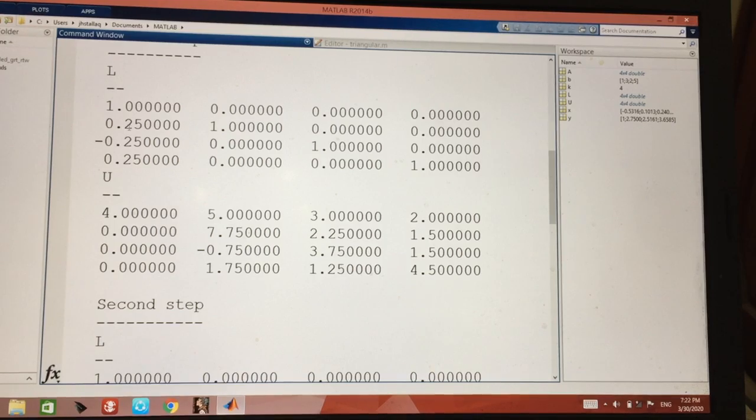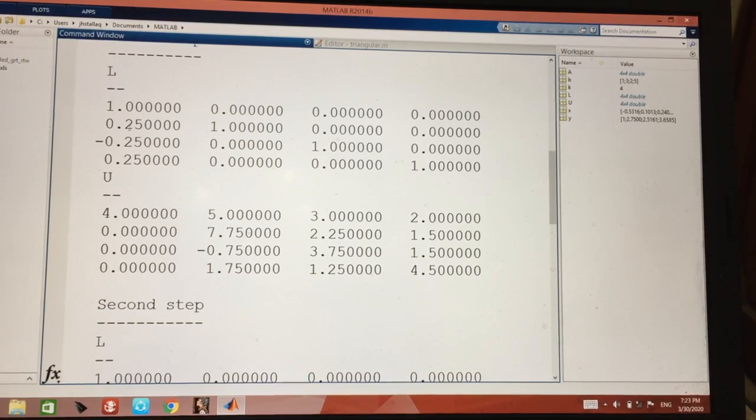The first one, what we have here is 1. We want to eliminate these 3 elements in the column. The first one we have 1, and here is 4. So we multiply this row 4, 5, 3, 2. What we want to do, we multiply these elements times A21 and divide by A11.